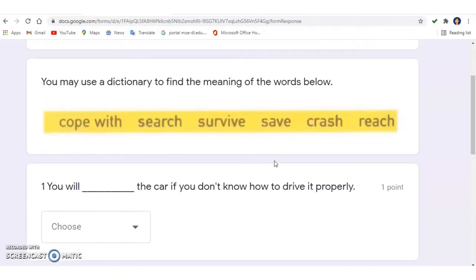If there is any word you don't understand, you can use either a print dictionary if you have one, or a digital or online dictionary to search for the meaning of the words. I give you 1 minute to look for the meaning before you do the task.